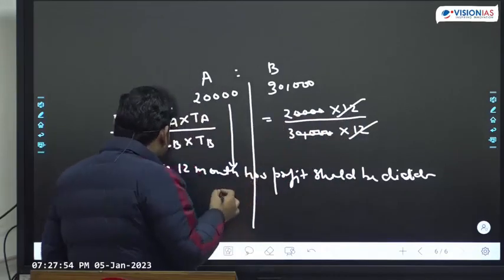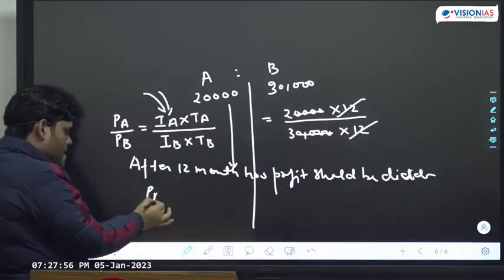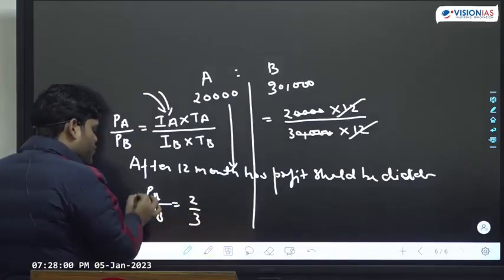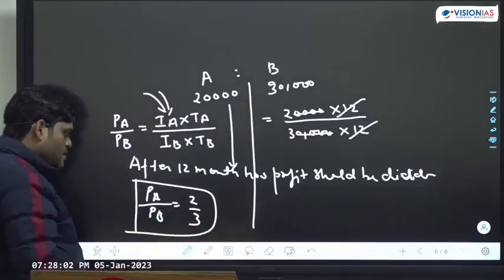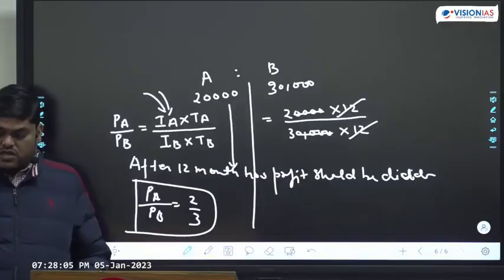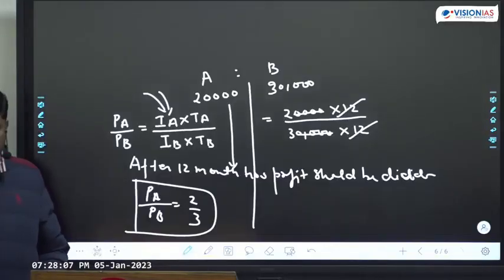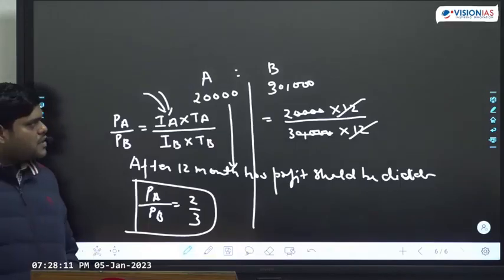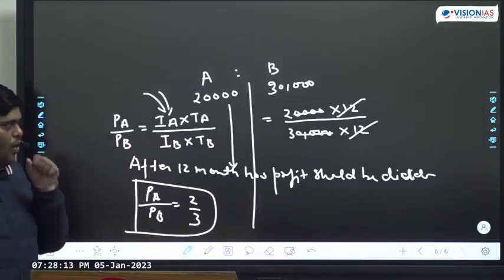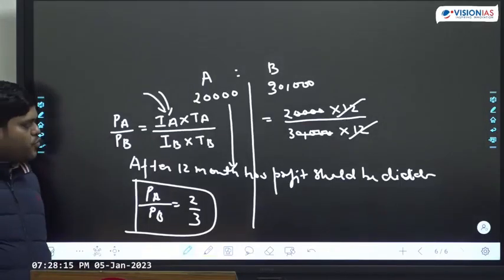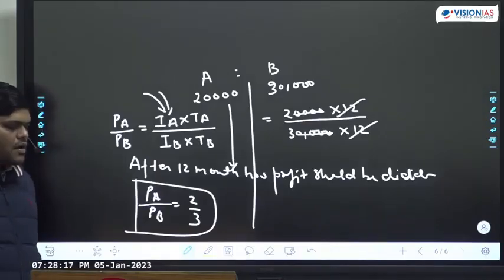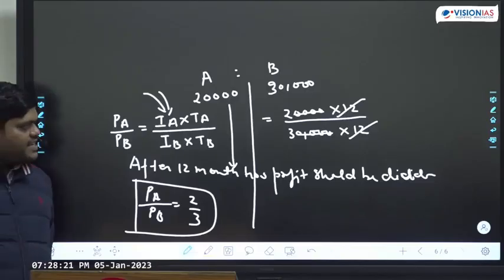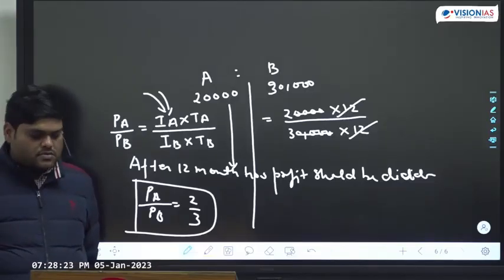That means the profit of A and profit of B will be divided in the ratio of 2:3.